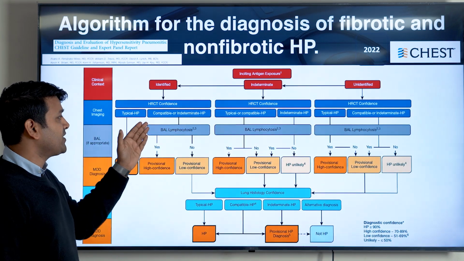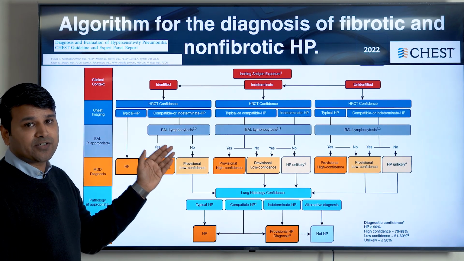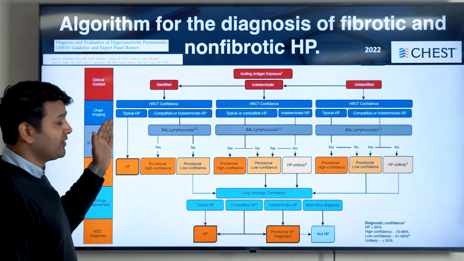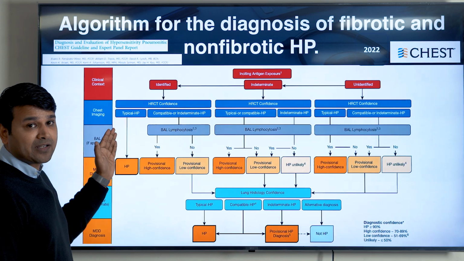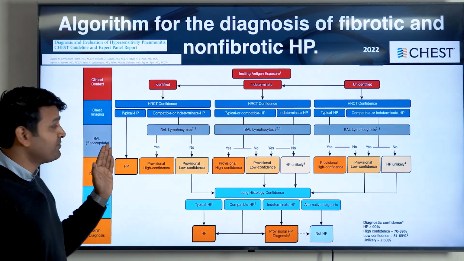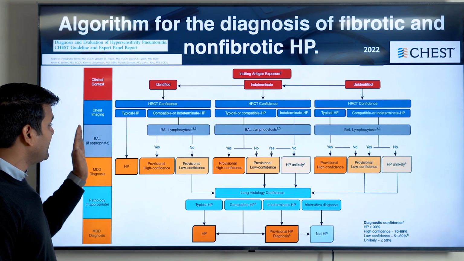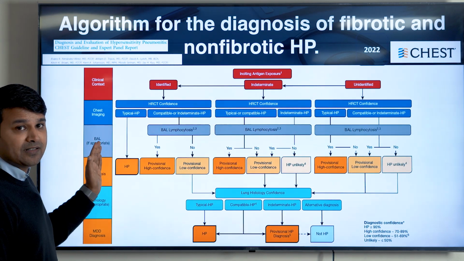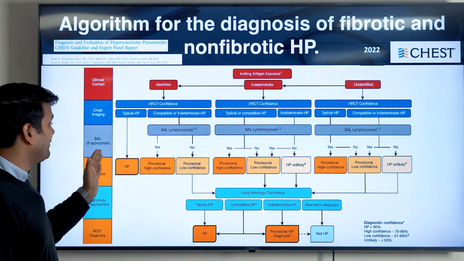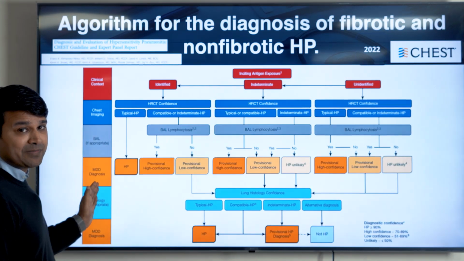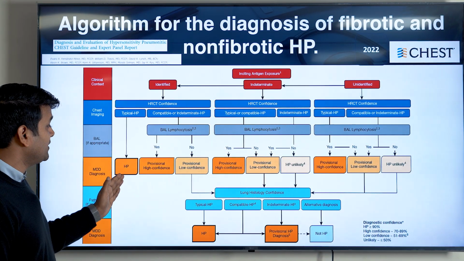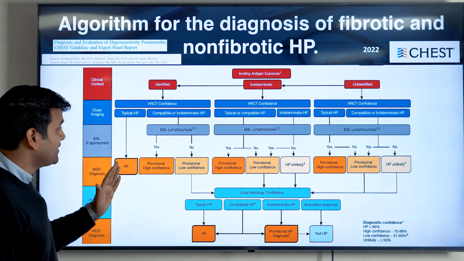So we'll do the HRCT scan and discuss with the radiologist, and if the radiologist has an opinion that is suggestive of typical hypersensitivity pneumonitis, in that scenario, you will not be doing any further bronchoscopy or bronchoalveolar lavage, and you label, according to the multidisciplinary discussion, the diagnosis as hypersensitivity pneumonitis.